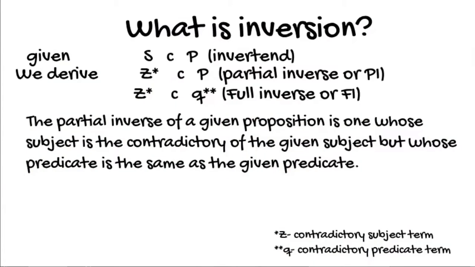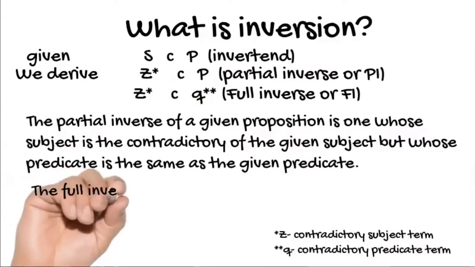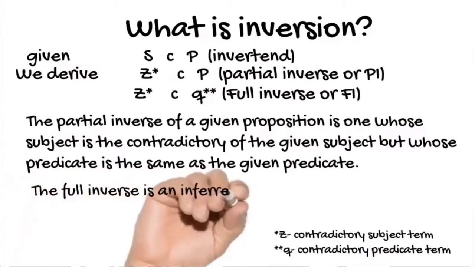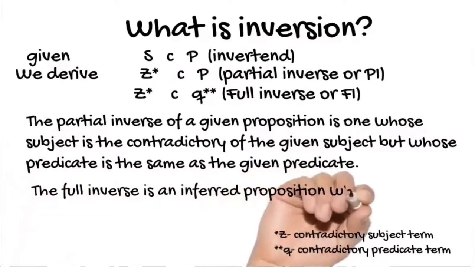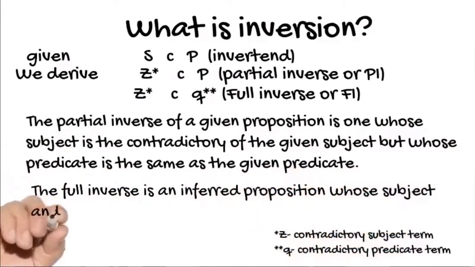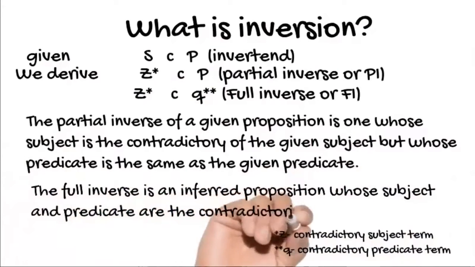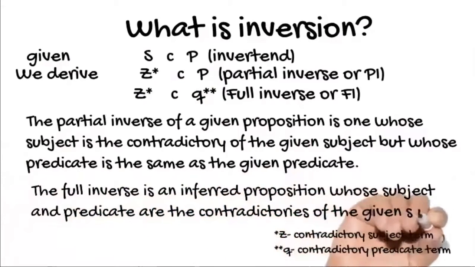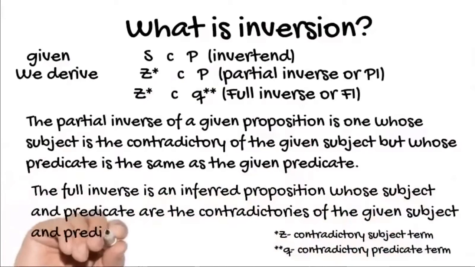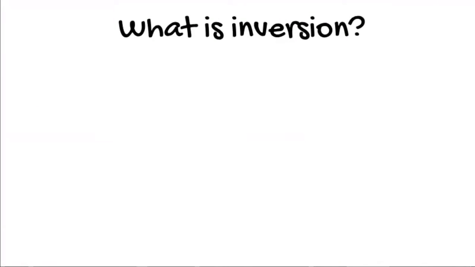On the other hand, full inverse is an inferred proposition whose subject and predicate terms are contradictories of the given subject and predicate. So you can see in the full inverse that both the subject and the predicate are contradictories of the given proposition.